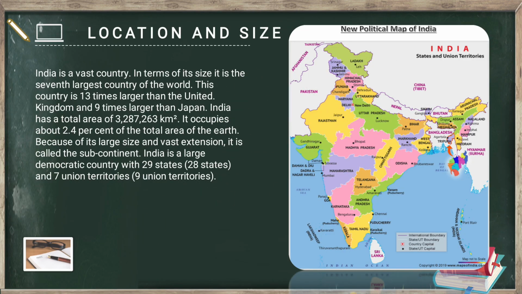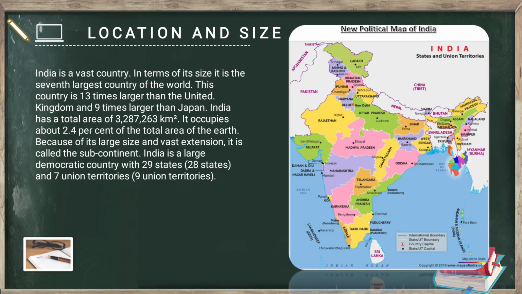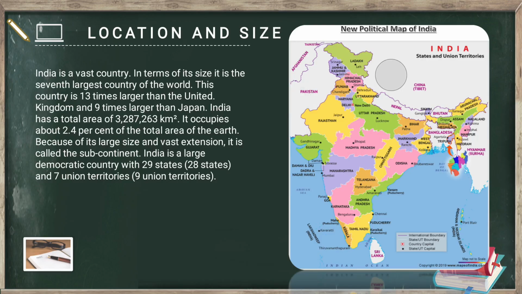So union territories are directly governed by the central government through the governor. In the states we have the governor, but in these union territories, we have the lieutenant governor, LG.